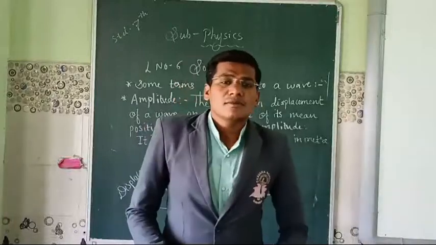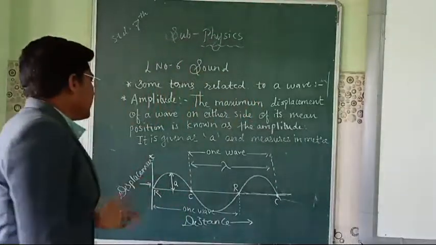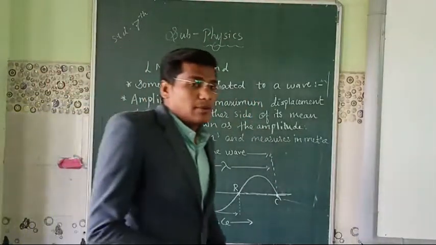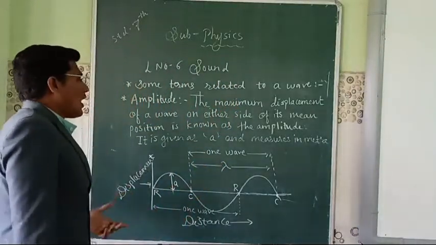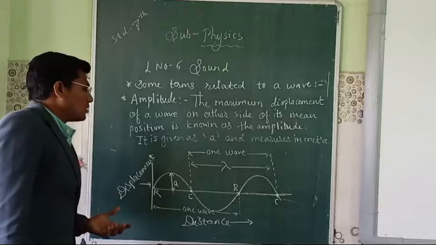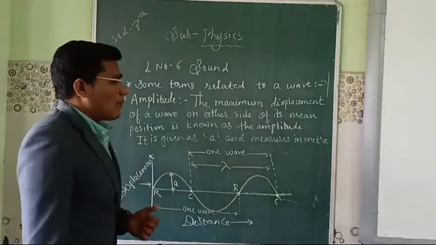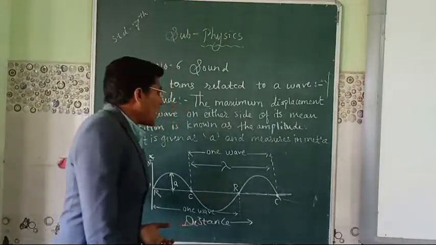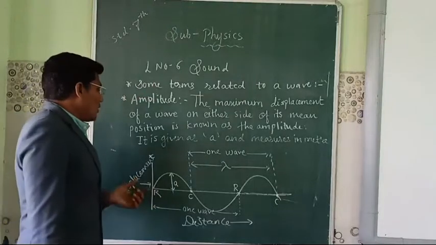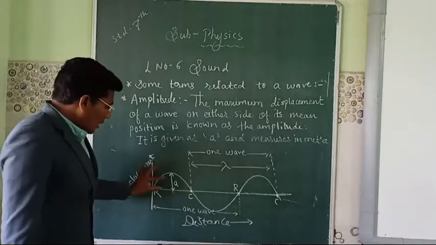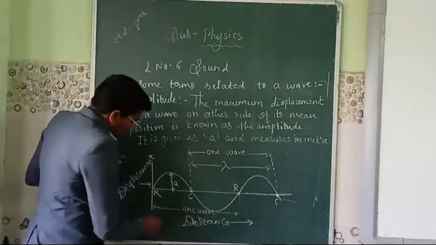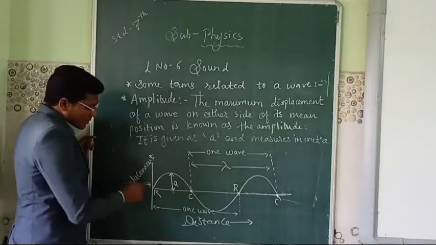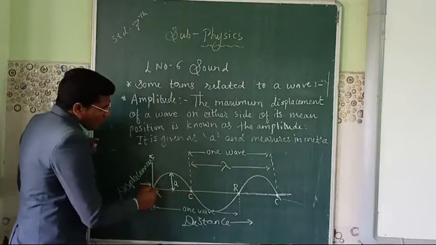Now the next term is amplitude. So what is meant by amplitude? The maximum displacement of a wave on either side of its mean position is known as the amplitude. This is a displacement distance graph, and displacement means the height of the wave.